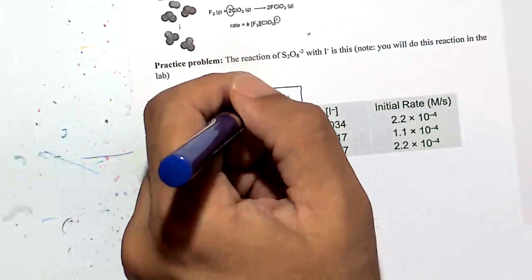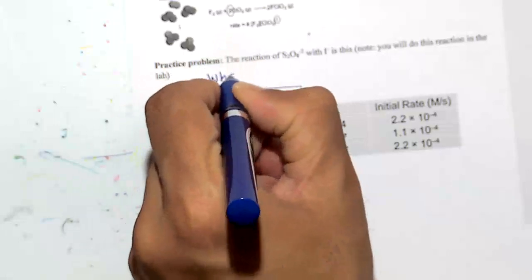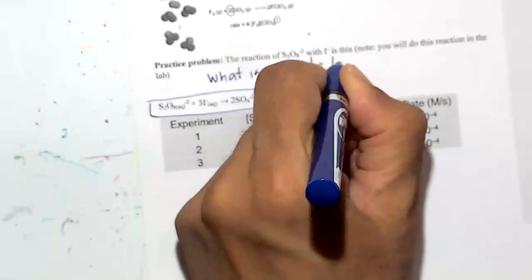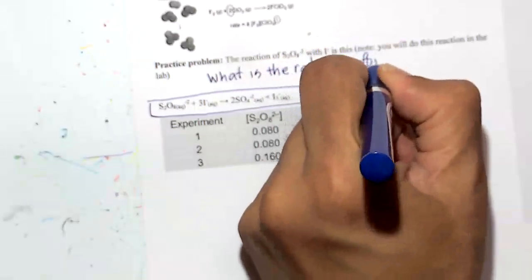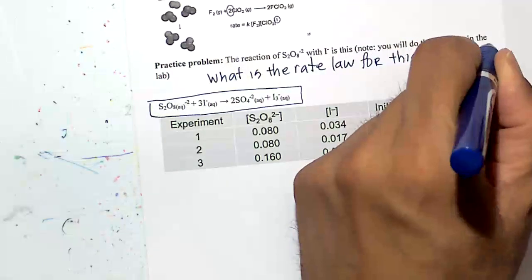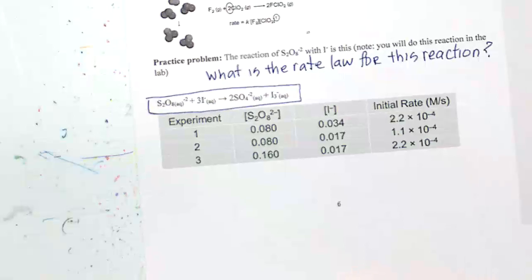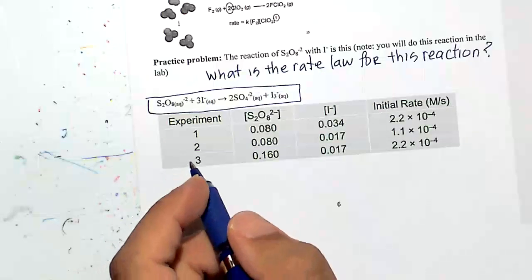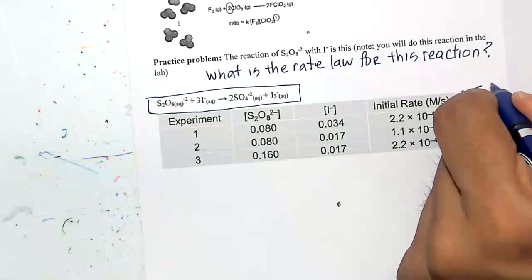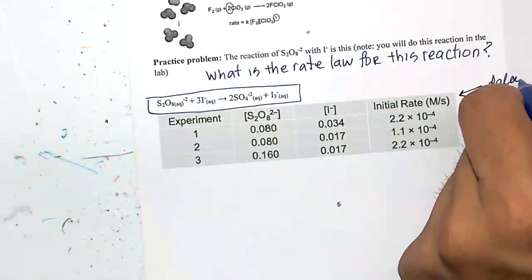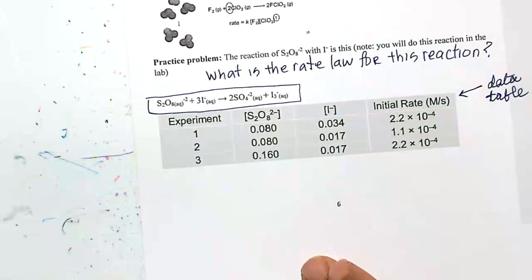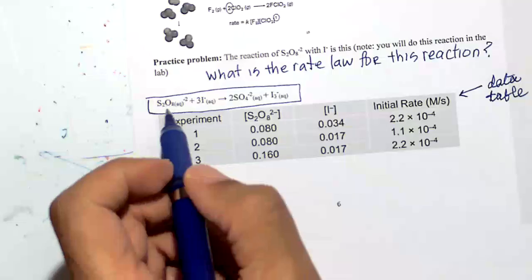And the question is, what is the rate law for this reaction? Also given to us is a data table. Okay, so let's look at this table together.